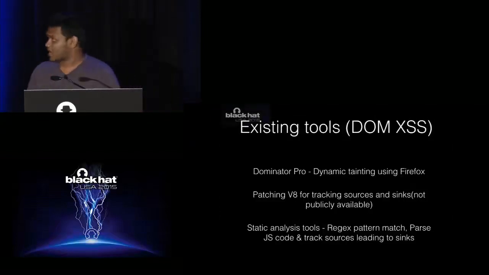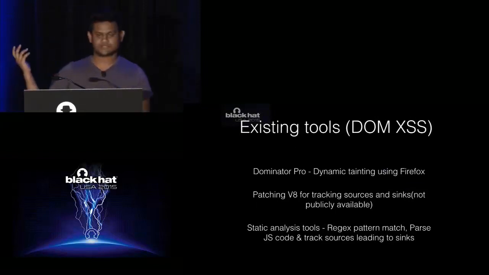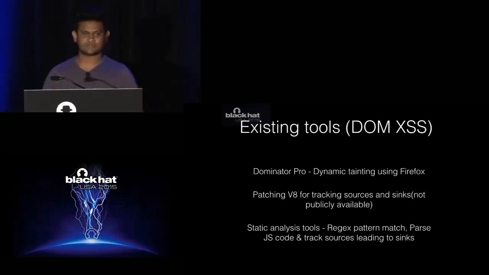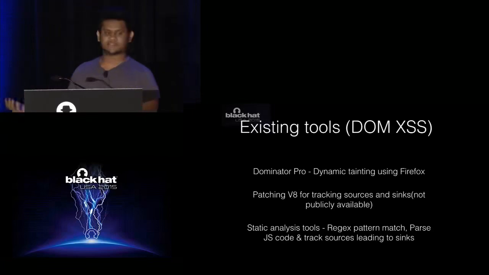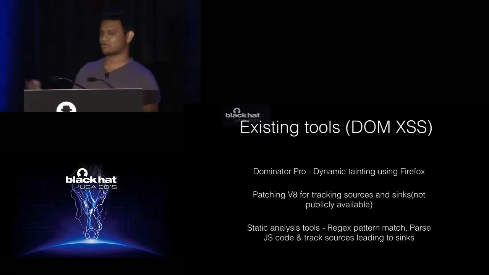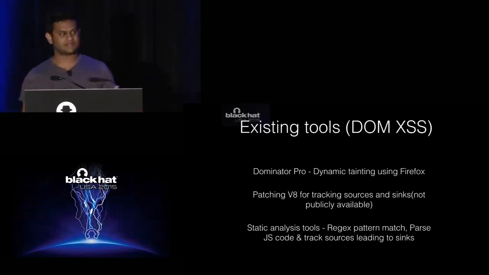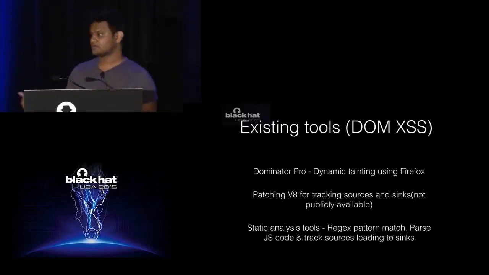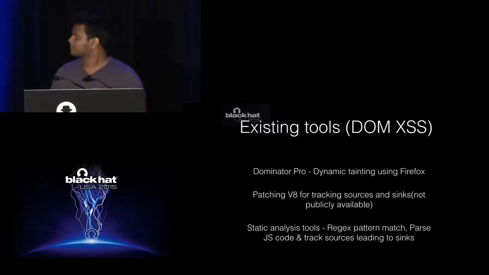So I've been using a few of these tools, especially the DOMinator Pro, for a long time, but there have been a few complexities in setting it up and doing things the DOMinator Pro way. But by far today, it is the best DOM XSS scanner that I'm aware of that can find vulnerabilities by doing some dynamic tainting.